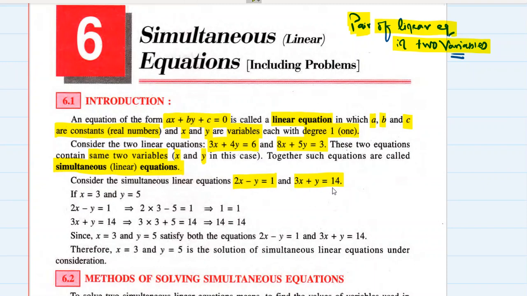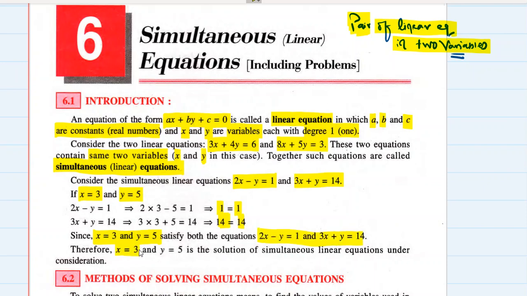Now, if in these two equations we put the value of x and y as 3 and 5, what would happen? The LHS would become equal to the RHS. That means x is equal to 3 and y is equal to 5 will satisfy both the given equations.